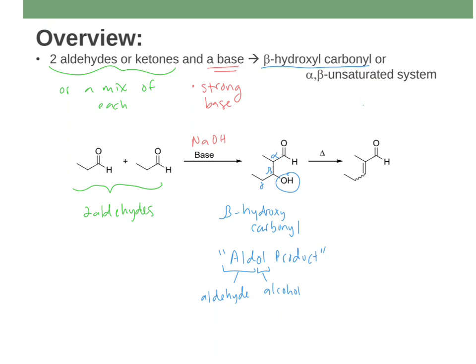You could get this aldol product, or you could get this other product if you have heat, or if you make an extended conjugated system. I'll talk more about that in just a second. This other product is an alpha-beta unsaturated system, which we're already familiar with. We talked about conjugate additions, where we form these alpha-beta unsaturated systems.